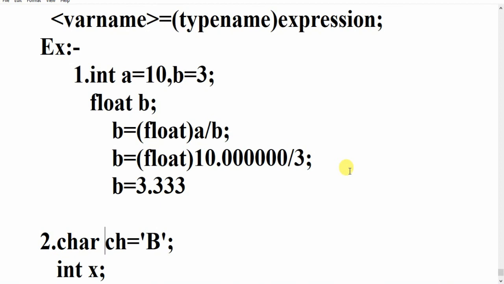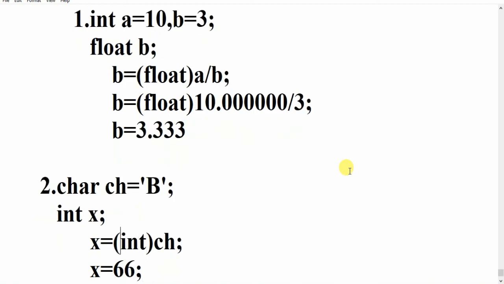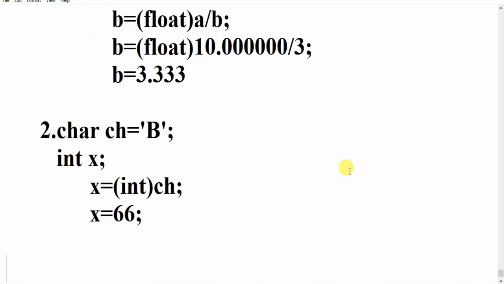Next we have another example: char ch equivalent to capital B, nothing but uppercase B, and int x equivalent to ch. Ch internally has an ASCII code value, and that ASCII code value is an integer type of value. Now we are asking for the conversion of whatever ch holds internally, that is the integer value, into integer type and storing it into x here.